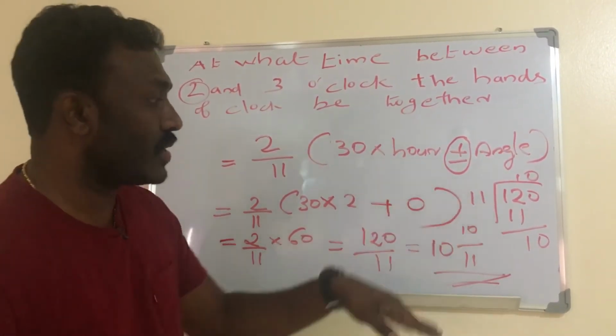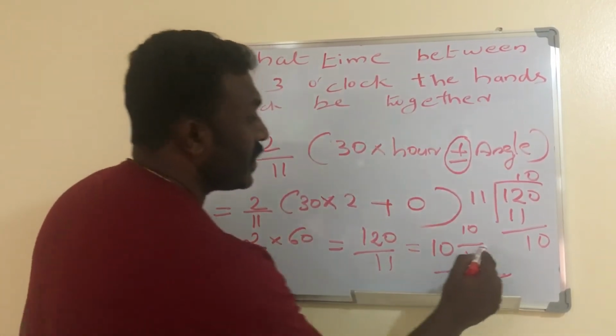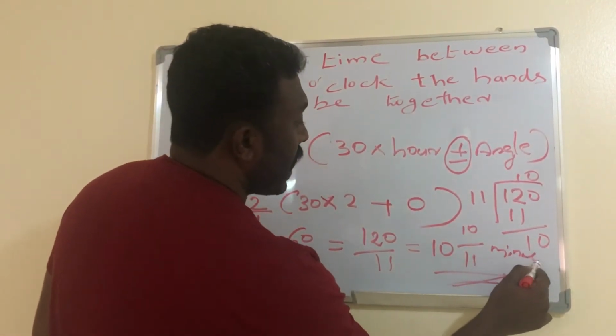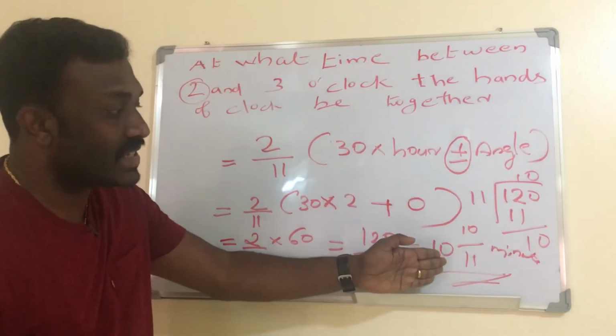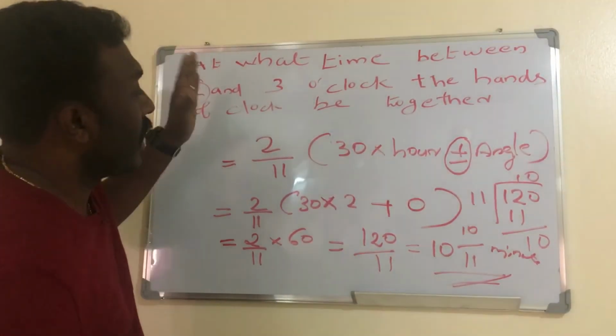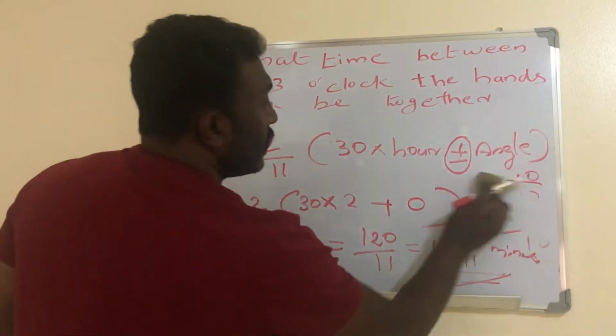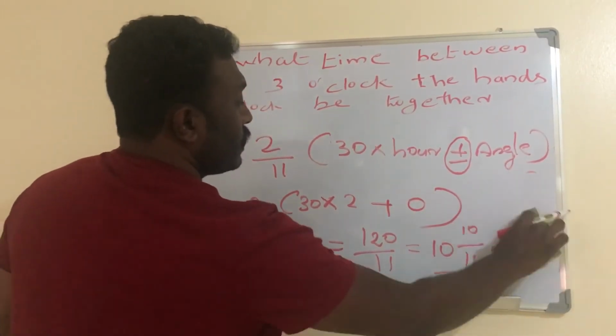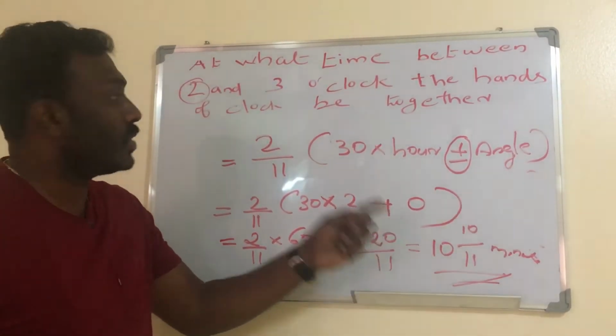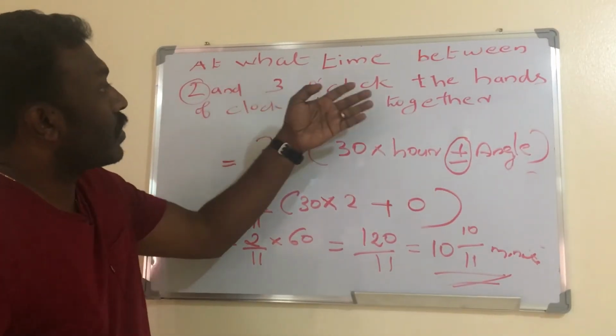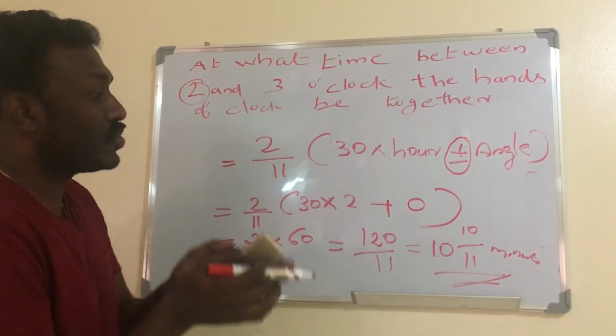You can solve this one. So this is the minute. At this time, between 2 and 3, the hands of the clock will be together.